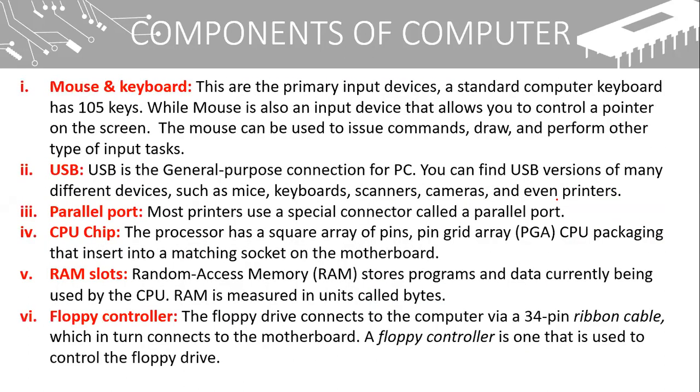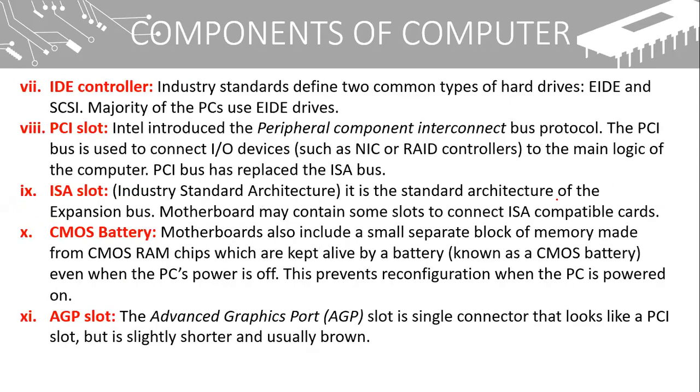So we now have what we know as the IDE controller. The industry standard defines two common types of hard drives, that is the EIDE and the SCSI. Majority of the PCs use the EIDE drives.